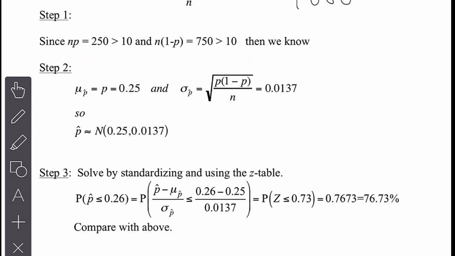So checking my criteria, step 1. Step 2, find the new mean and standard deviation. The sample proportion has a mean of 0.25 and a standard deviation of the square root of p times 1 minus p over n. Make sure you can punch this in your calculator. I'll give you a minute, see if you can calculate that value.